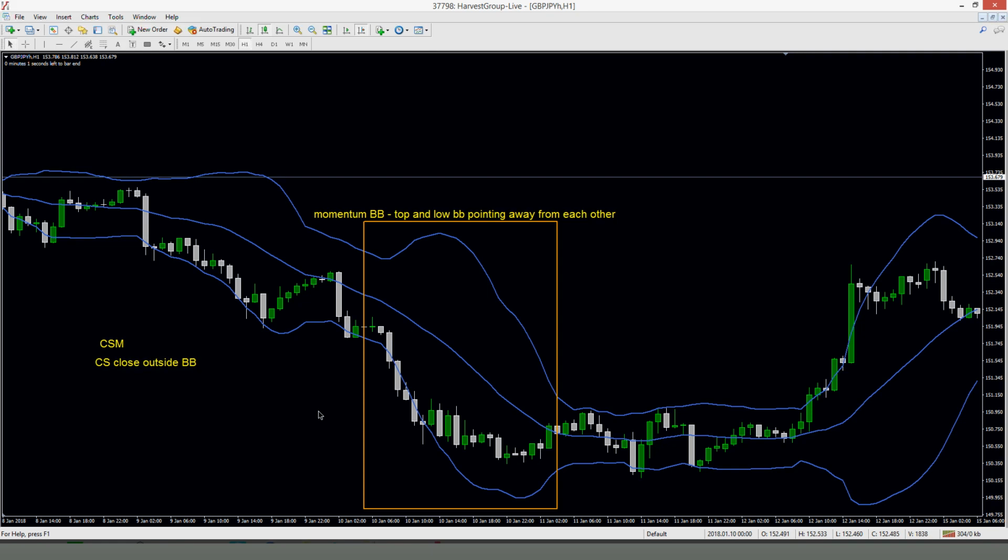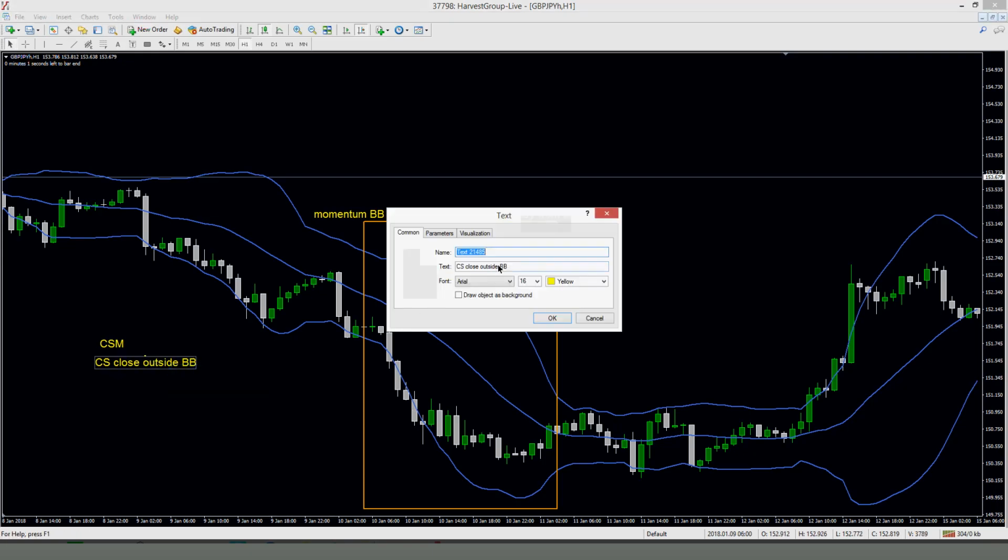Since we already talked about candlestick formation earlier, we know this is a sell candle, and a sell candle opens at the top and closes at the bottom. So the close part of the candle is outside of the Bollinger Band. This is defined as a candlestick momentum: a candlestick that closes outside of a momentum Bollinger Band.